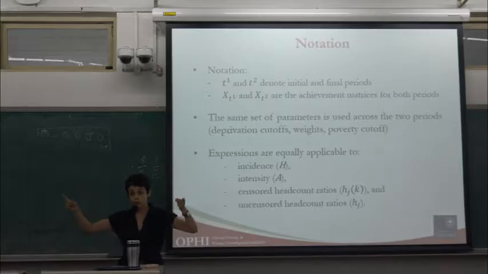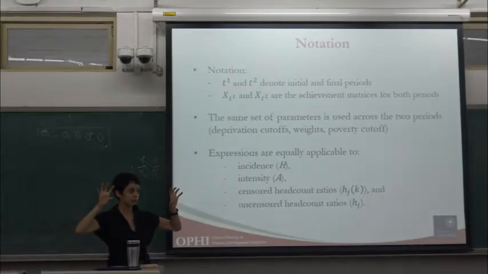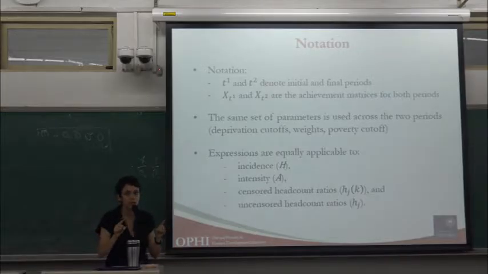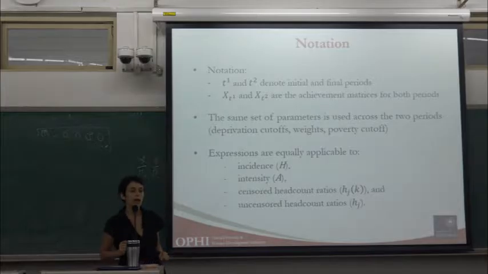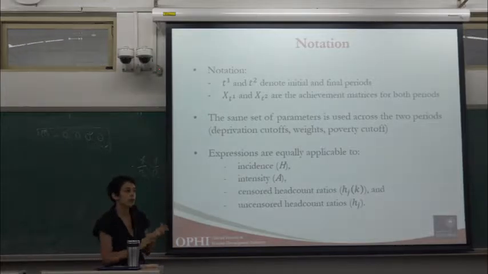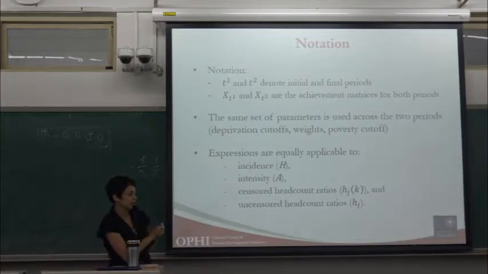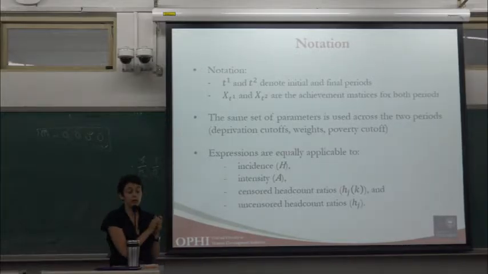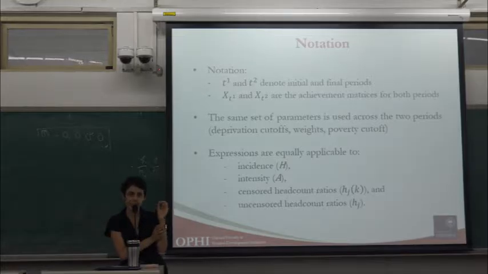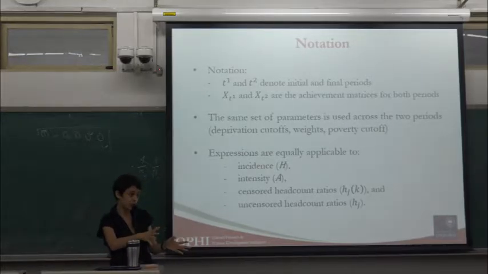But if we want to compare two periods, we have to make sure that all the parameters are the same. Why? Let's suppose that in 2010 we computed the global MPI for a country and we had only nutrition data for children, and we computed the nutrition indicator just based on children.